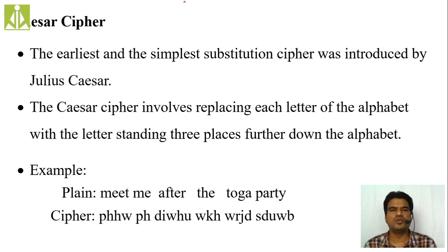Generally, we first write the entire alphabet and we get the key based on the alphabet letter three characters down. Whatever character we have in the alphabet, in the key we select the subsequent character, that is three characters down.